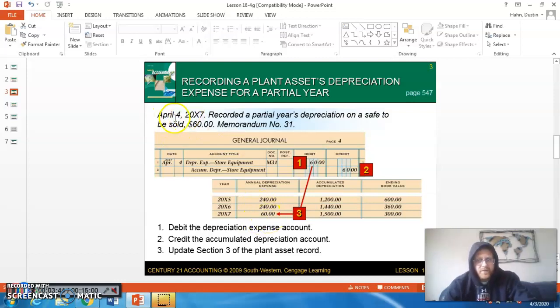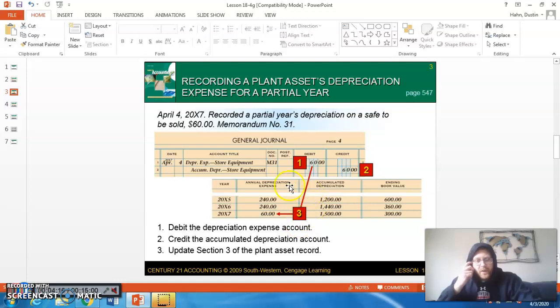Since we used it for 3 full months, January, February, March, now take that 20 times 3. This is where that 60 comes into play. First you had to break that 240, because that's your annual depreciation, 240 divided by 12 and you get 20. So it's $20 per month. But since we used it for 3 months, that 20 times 3 now turns into 60. So that's where the 60 comes from.